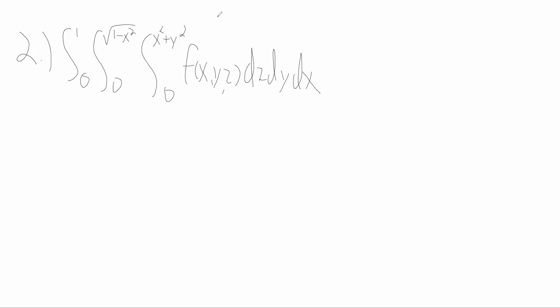Okay, so our z bounds. So z goes from 0, nothing to do there, no x and y to replace, to x squared plus y squared, but we want to write this in cylindrical coordinates. So in cylindrical coordinates, what is x squared plus y squared?